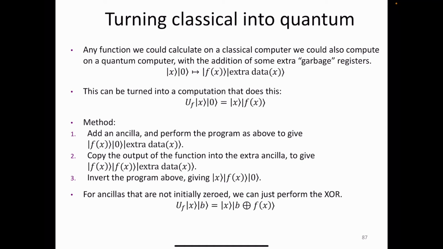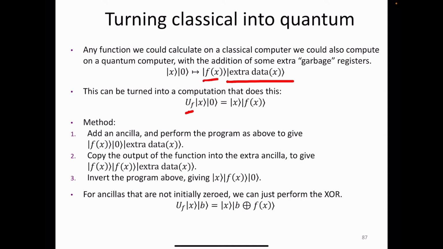Talking more about turning classical into quantum, any function we could calculate on a classical computer, we could also compute on a quantum computer with the addition of some extra garbage registers. Remember when we looked at the addition modulo 2, or the XOR, and we had an additional function here. Here it's represented by the extra garbage data that we use on X. This can be turned into a computation that does the following. We have our unitary transformation U sub f, which represents the function.